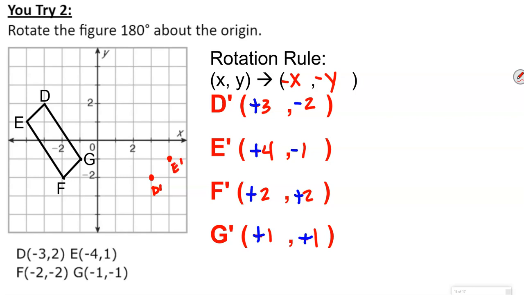F prime is at 2, 2. And then G prime is at 1, 1. So there we go again. And again, it doesn't matter which point you do, but double check to make sure that you got this right. So from the origin to G, from the origin to G prime, straight line again. So that's my check.